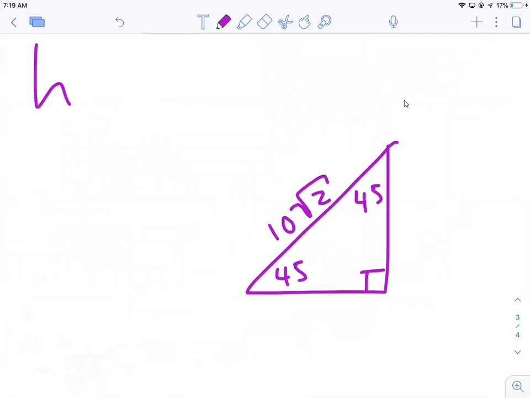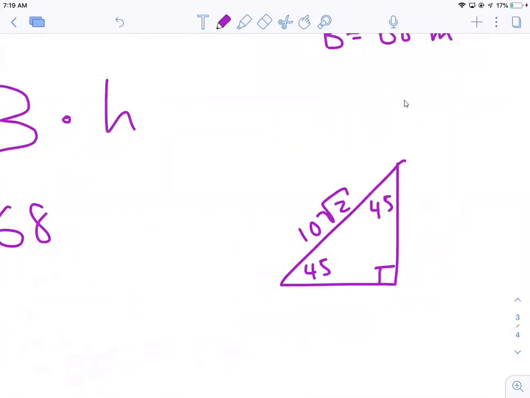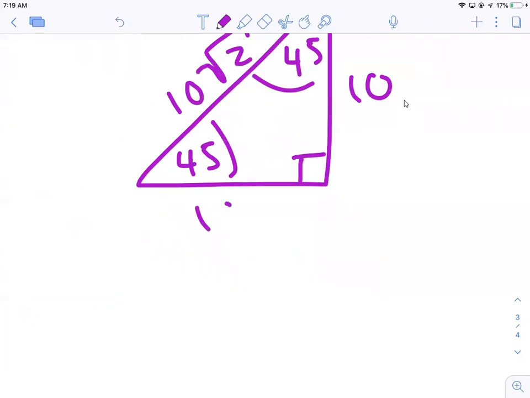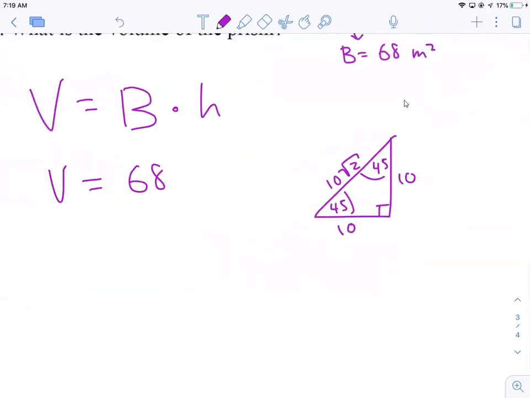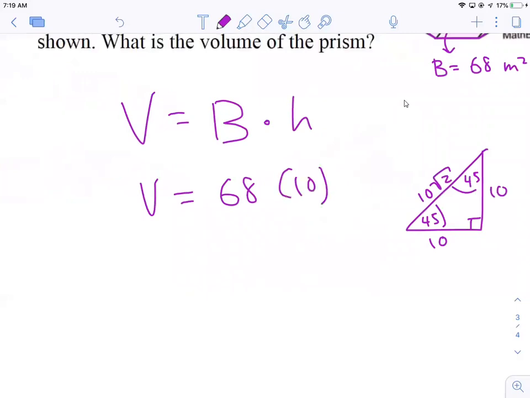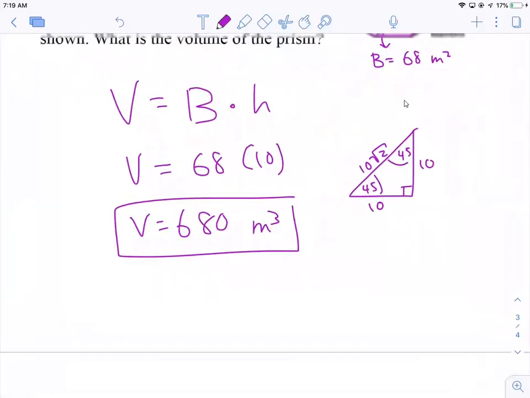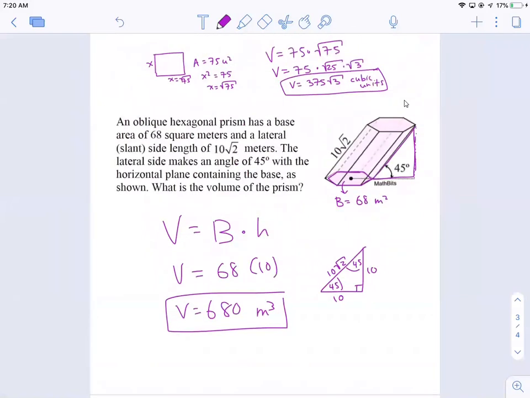So hopefully remember your 45, 45, 90 right triangles. If you do not, it's x, x, x radical 2, right? Which makes those side lengths 10 each. And so the volume is 680, trying to think of the units, meters cubed. Bam. And that is all.